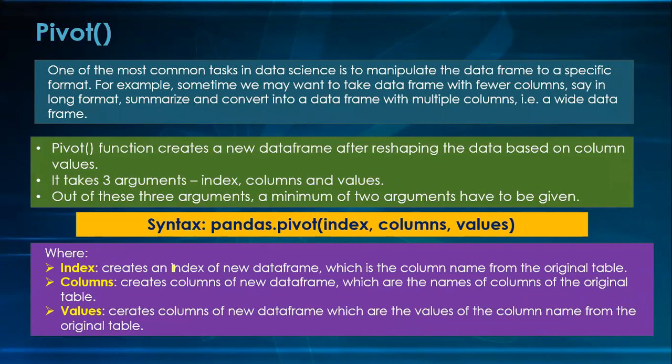Index is used to create a new index for the data frame, which is normally the column name from the original table. Columns creates columns of the new data frame, which are the names of columns of the original table, and values creates the values of the new data frame, which are the values of the column name from the original table.